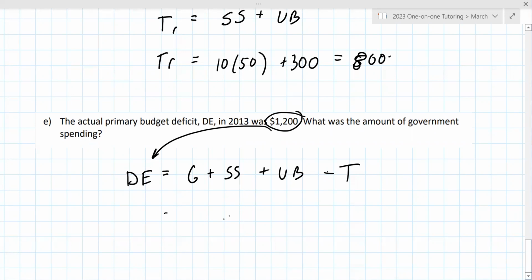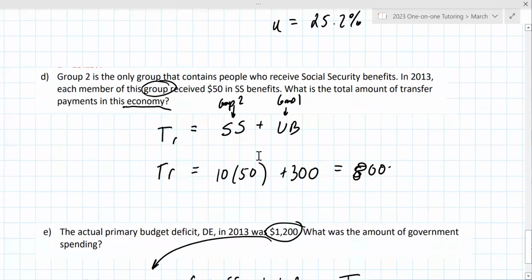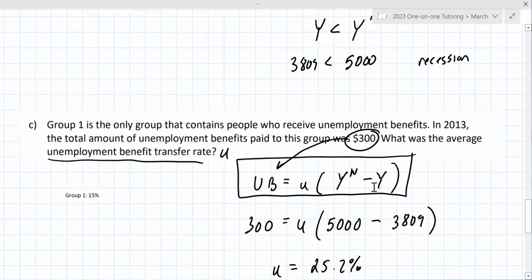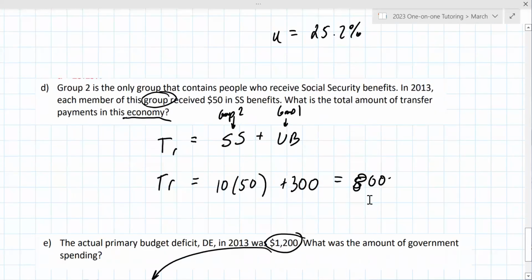I don't know if you just want to put the numbers in, but you want to know where these come from. So maybe I'll rewrite like this. The notes reuse UB, which is the 300. The unemployment benefits were 300. You could go back and ask what UB was, it was this equation here, but you don't need that because you already have the number.